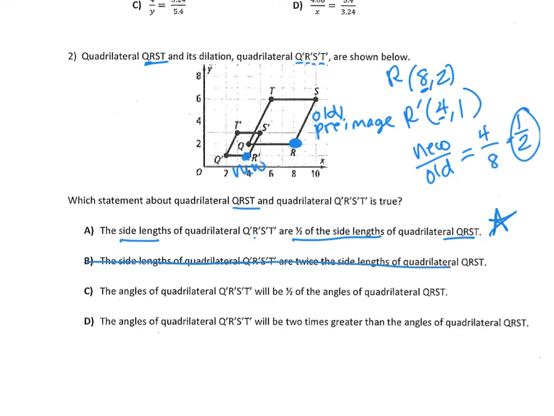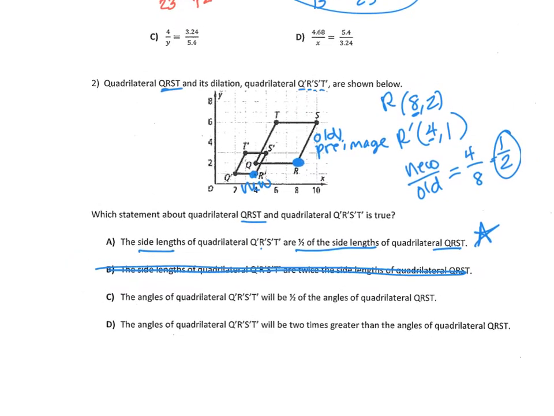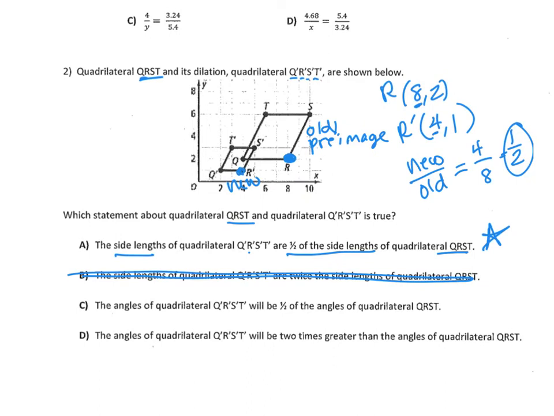No, because it got smaller. Then C and D, the angles of quadrilateral Q prime, R prime, S prime, T prime will be 1/2 the angles of quadrilateral QRST. So even though we found that vertex, we used that 1 point. Remember with dilation and all of these transformations, the angles don't change. So whether it gets bigger, whether it gets smaller, your angle measurements don't change. Just the side lengths change. So it can't be C and it can't be D.